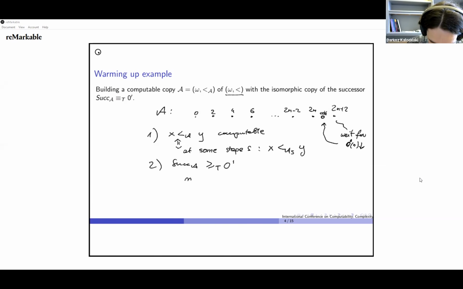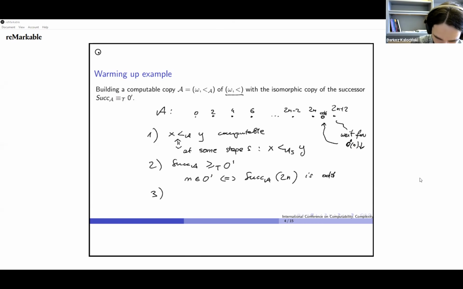Because if you want to know whether n belongs to 0 prime, you just check whether the successor of 2n is odd. If it's odd, then it means that the computation halted. Otherwise, it will be even.